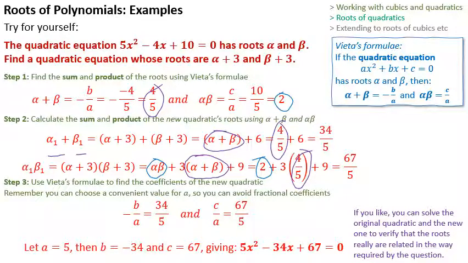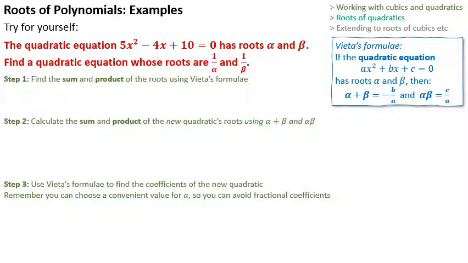Hopefully you thought of the same one as me. I'm going with a equals 5 because that will allow us to deal with those fractions quite nicely. If a is 5, then b will be negative 34. Take care with your minus signs. It's a very easy one to get mixed up on here. And c will be 67. So we get 5x squared minus 34x plus 67 equals 0.